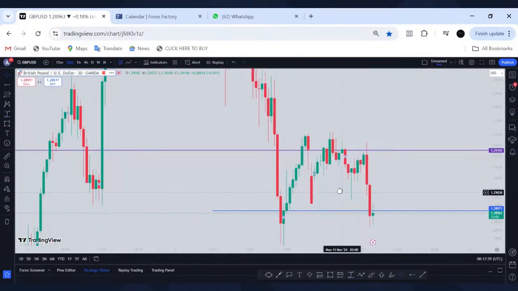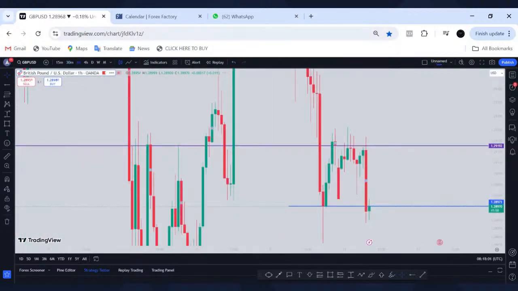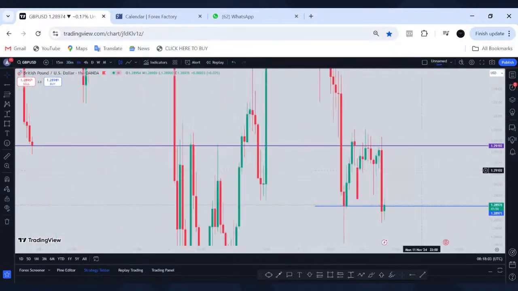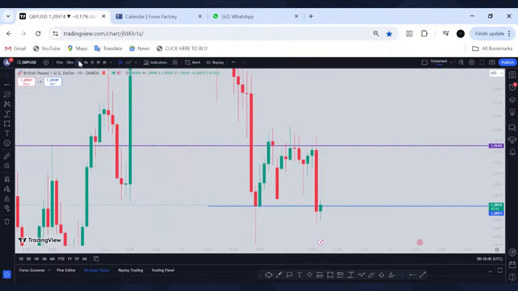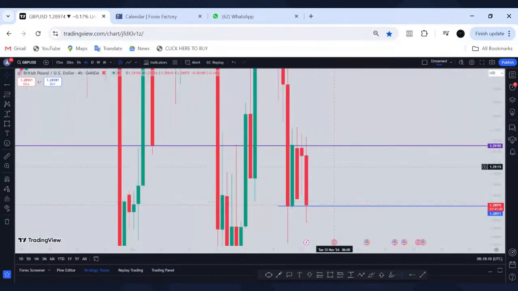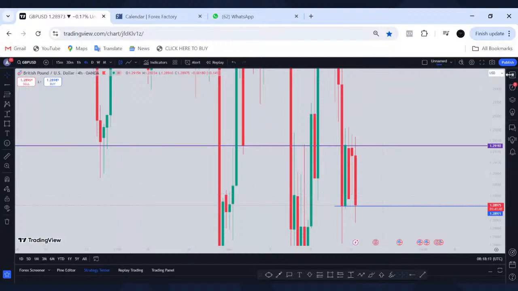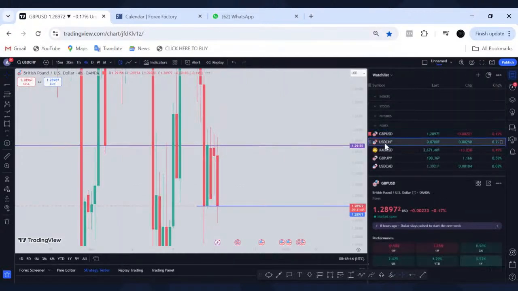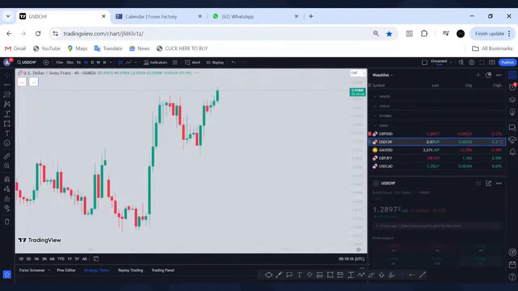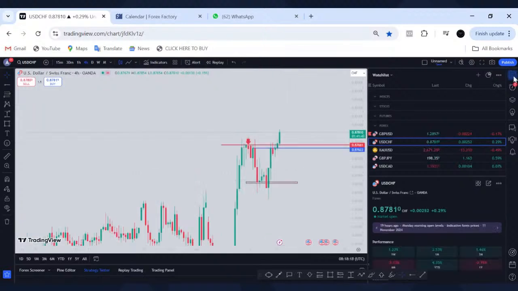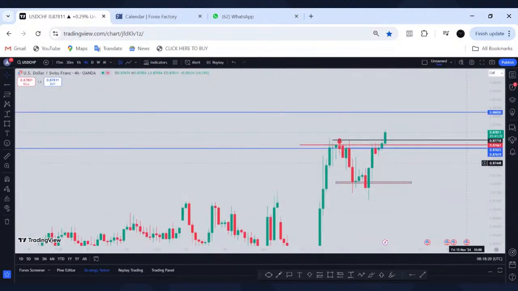But the best was to wait for the candle to close. So we just missed the trade. And USD CHF too, we just missed the trade. It just moved before us.